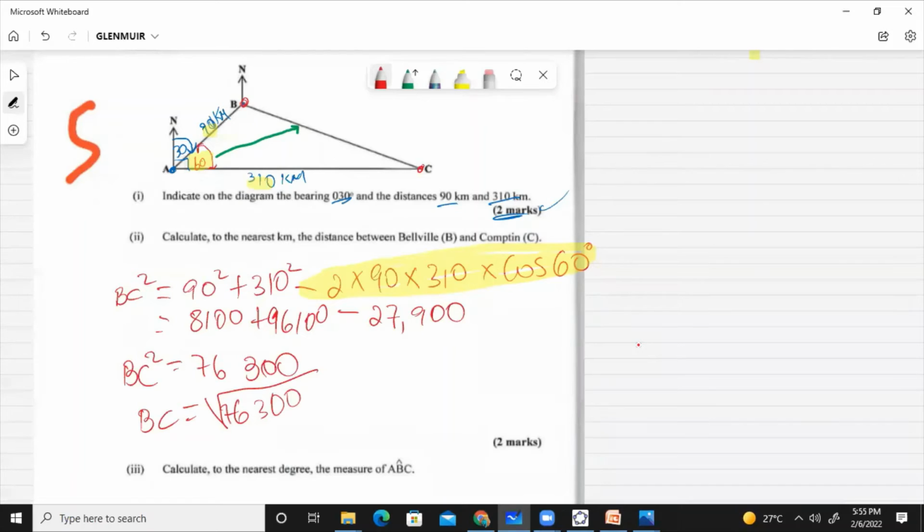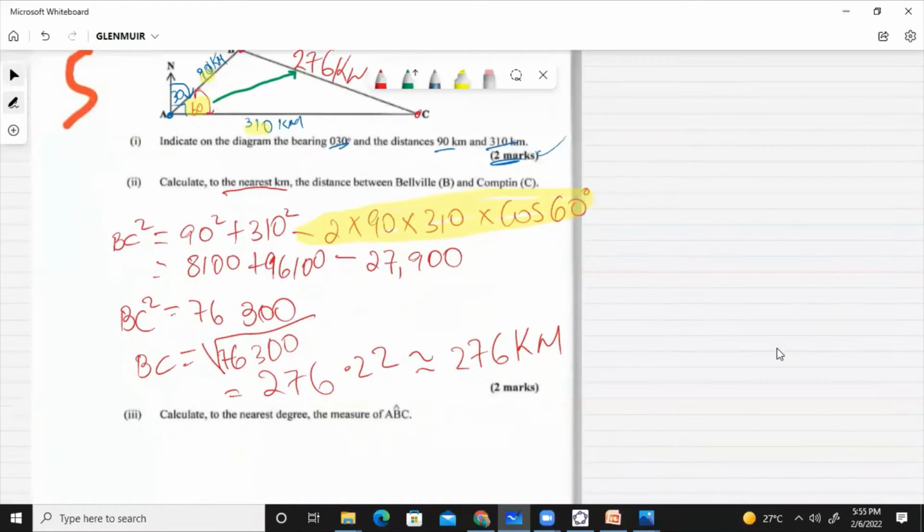And I'm getting 276.22. They did say to the nearest, which is approximately 276 km. And normally when I find it, I place it on the diagram just for the next question. That's how I work.